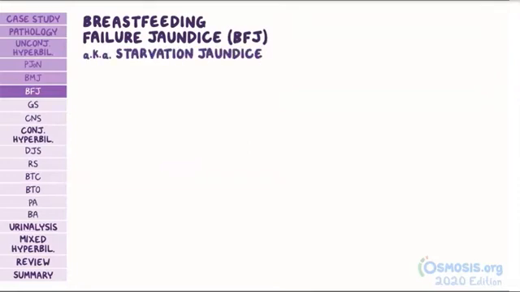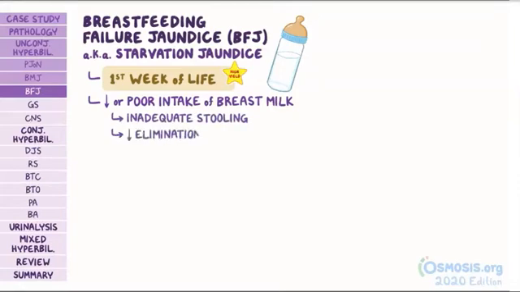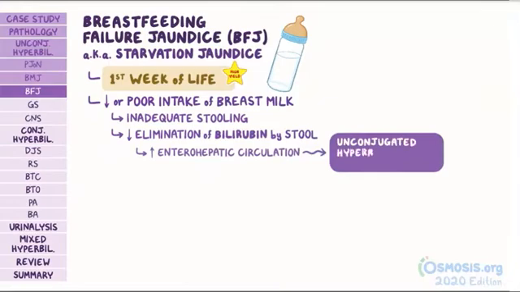Breastfeeding failure jaundice typically occurs during the first week of life, and it's usually caused by decreased or poor intake of breast milk. As a result, these babies have inadequate stooling and decreased elimination of bilirubin by stool. Eventually, this leads to increased enterohepatic circulation, which is further followed by unconjugated hyperbilirubinemia and jaundice.